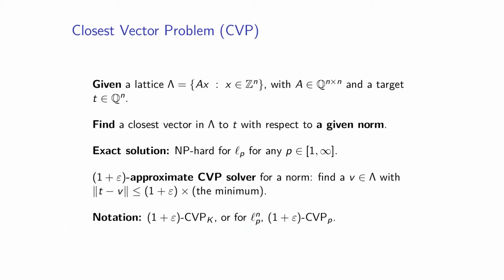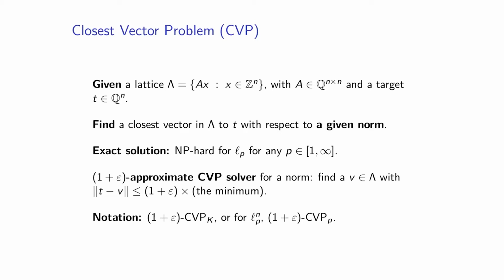While this is a difficult problem, as integer programming problems usually are, it's NP hard. It's NP hard even if you only consider L_p norms. If you fix p and consider that kind of L_p norm in R^n, then it's still an NP hard problem.